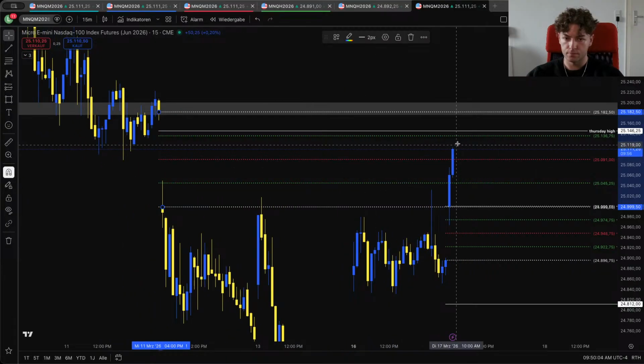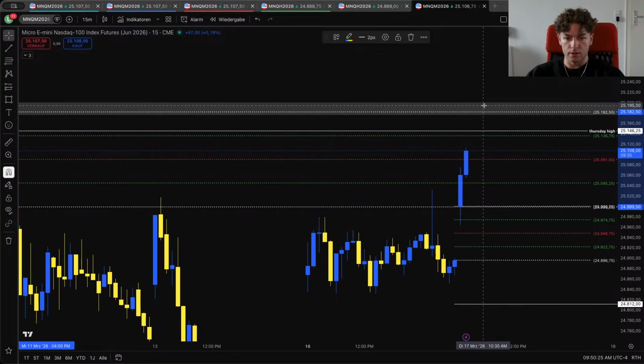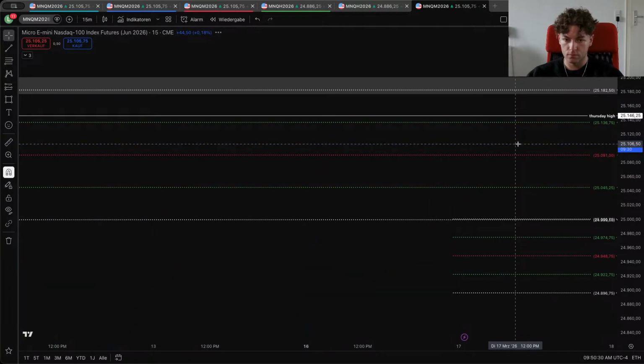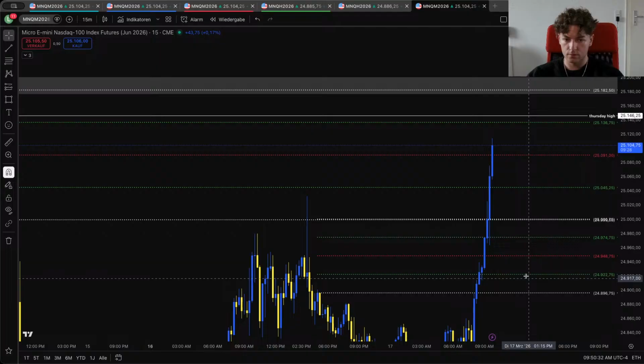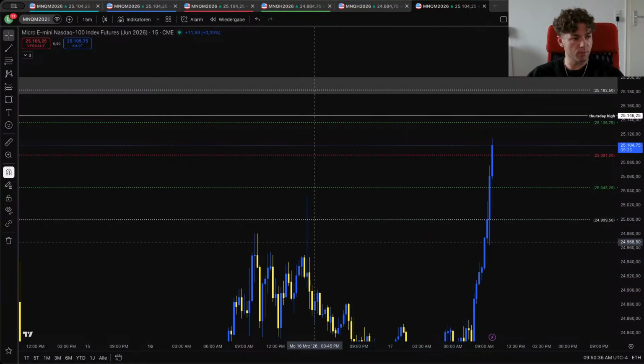So I guess that's a draw to fill in this gap. And the opening range gap from Thursday's high level is also aligning with the daily volume imbalance that I was hinting at. So let's see how far price is willing to reach up into that opening range gap from Thursday.